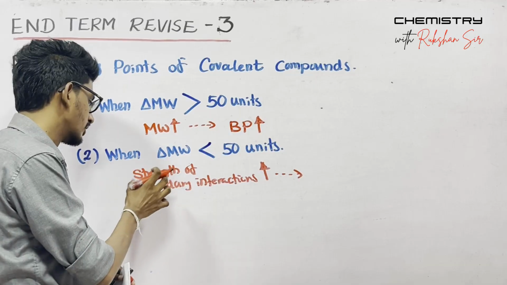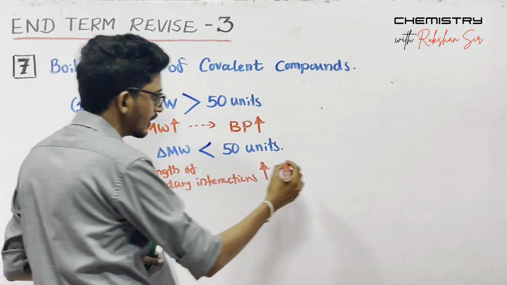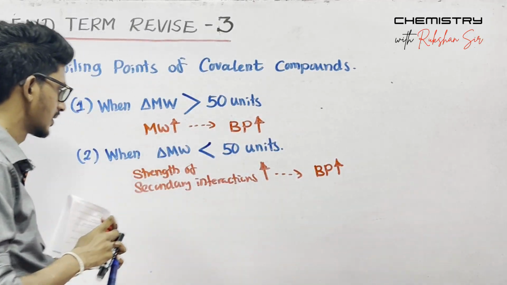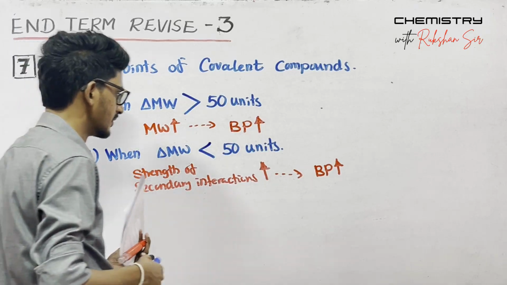So when the strength of interactions is high, your boiling points become high. Those are the two things we have to consider.